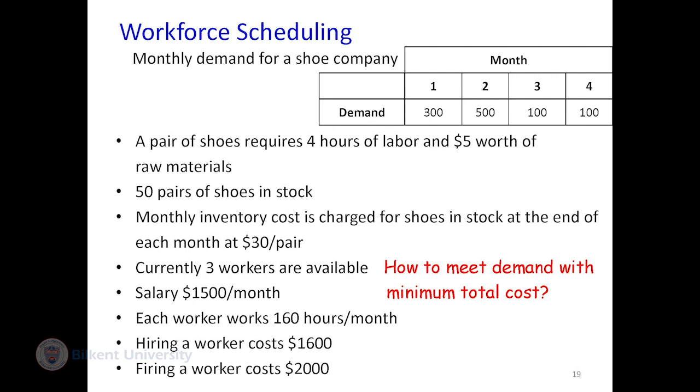Let's recap the problem. I'm producing shoes. I currently have only 3 workers, and they can only work up to 160 hours a month each, and I do have demand to satisfy, all right? So how should I satisfy the demand with minimum total cost?